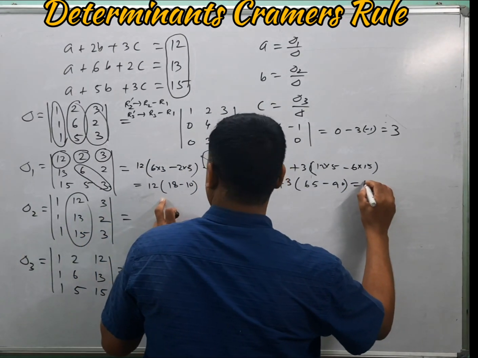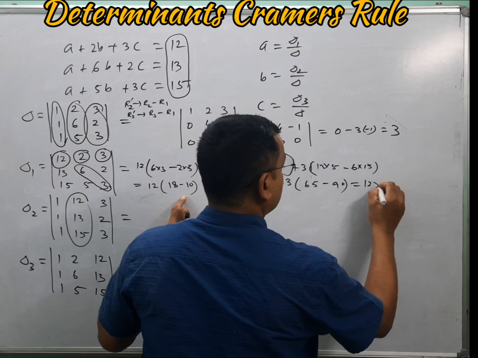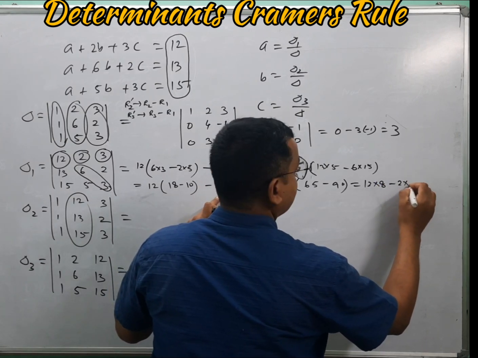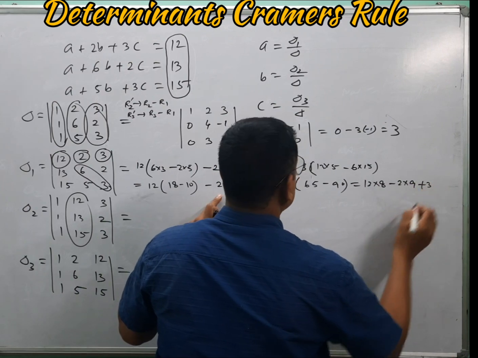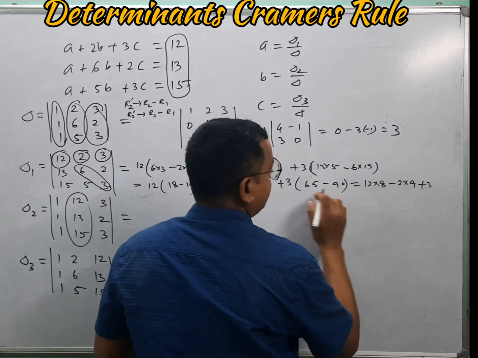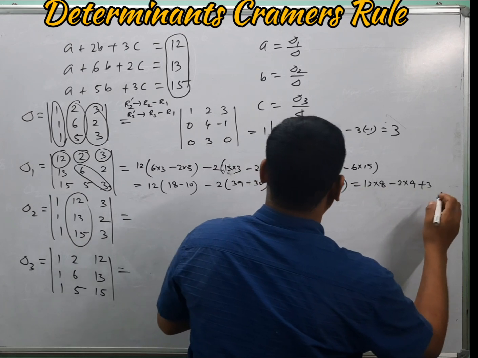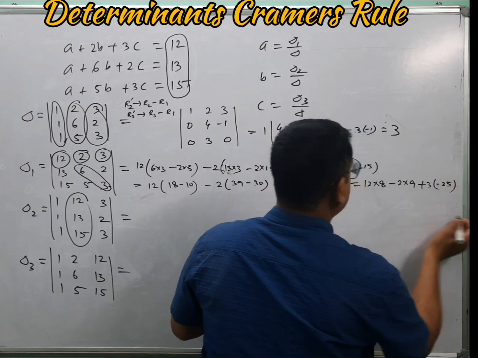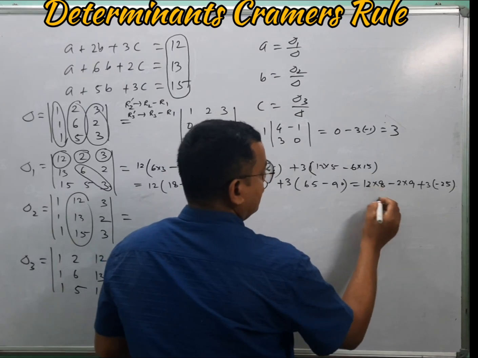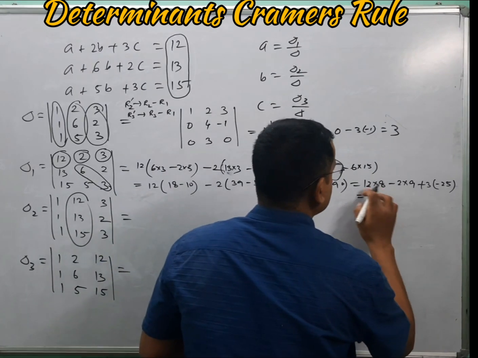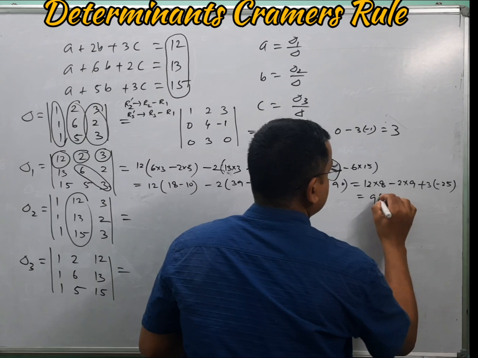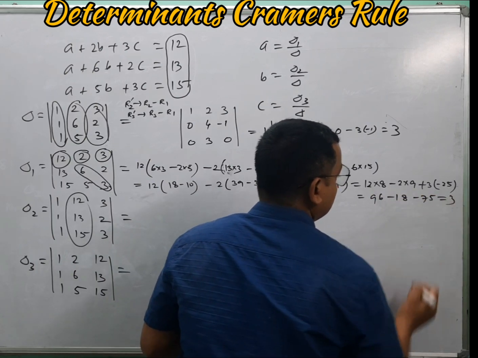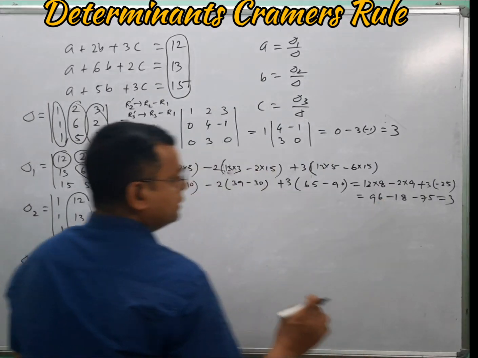That calculation will give you 12 into 8 minus 2 into 9 plus 3 into, here you are getting 25, minus 25. Let's calculate this one, how much you are getting. It's coming here 96 minus 18 minus 75, that means the result equals 3.